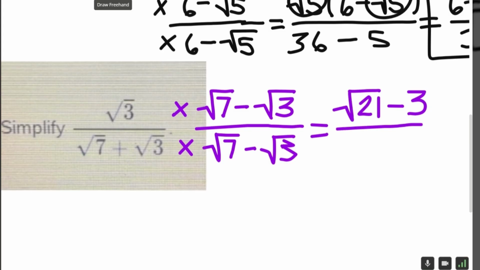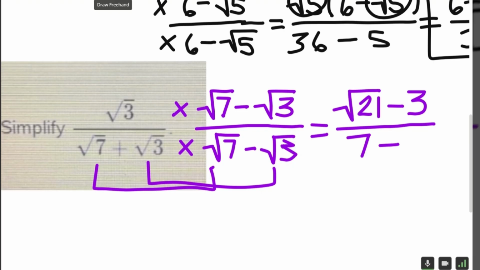What about the bottom? Well, remember first and last on this one because we're multiplying by the conjugate. Square root of 7 times square root of 7 is 7. Square root of 3 times negative square root of 3. That is minus 3. And we would have what?